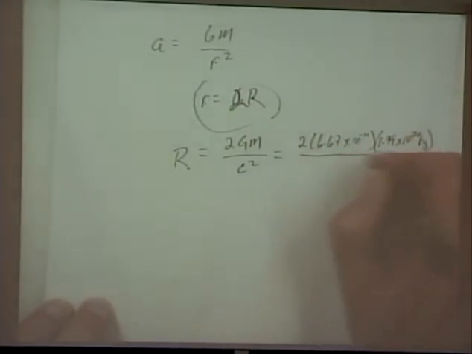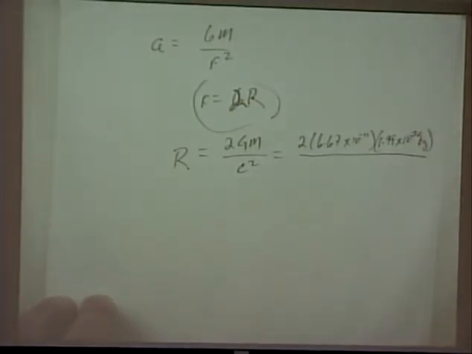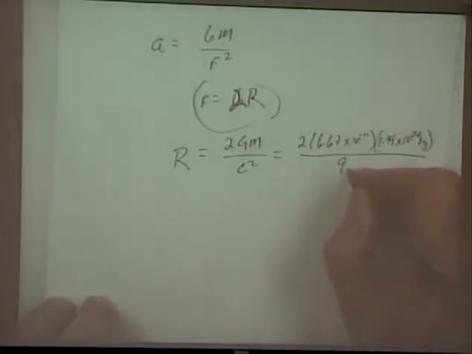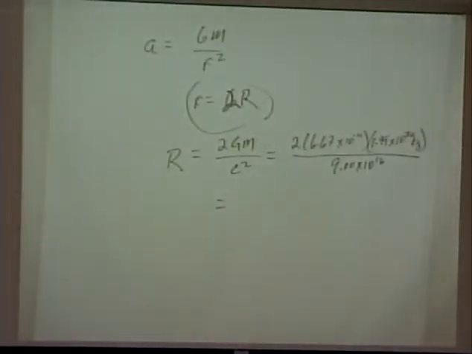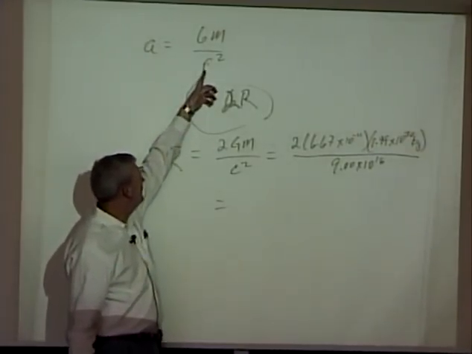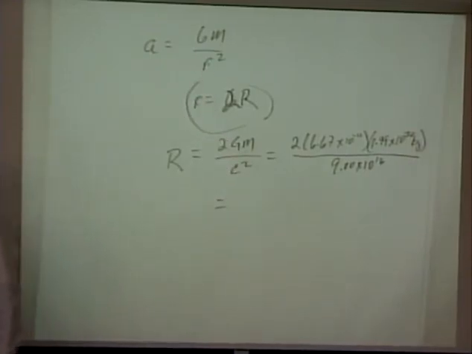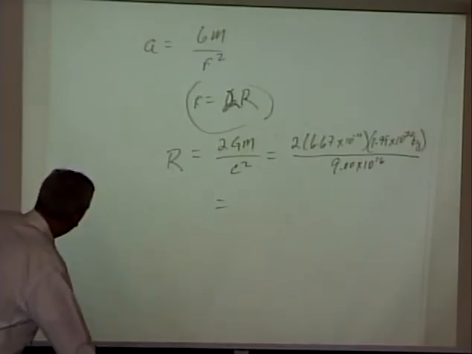And that's going to be divided by 9.00 times 10 to the 16. And when you do that, you come up with about 3,000 meters, something like 2,900 meters. And so you just multiply that by 2, square it and stick it in there. So that's how you do that.